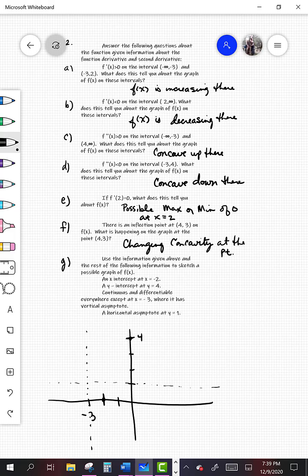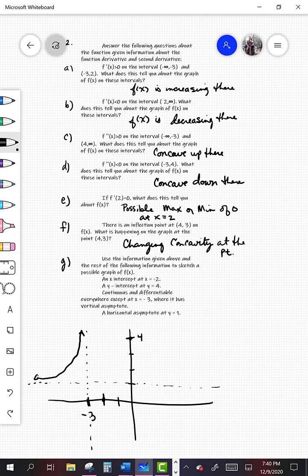So let's look at that piece right now, and it tells me that it's concave up there. So I do not have an x-intercept on the left of this vertical asymptote. I know I can never cross a vertical asymptote, so I can tell that it could look like this, increasing everywhere, but hugging this line y equals 1.